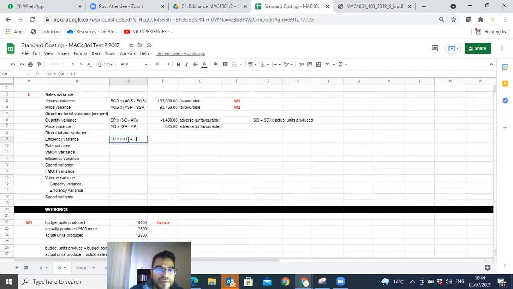Now remember, this standard hours, we have to work out in a specific manner. We need to flex the standard hours. How do we flex the standard hours? Standard quantity of input times actual units produced.